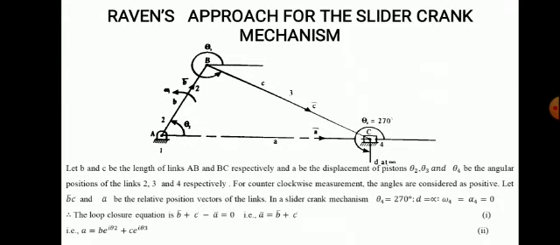We can write in the other form b bar is equal to b e to the power of i theta 2, c bar is equal to c e to the power of i theta 3. Therefore, a is equal to b e^(i theta 2) plus c e^(i theta 3).